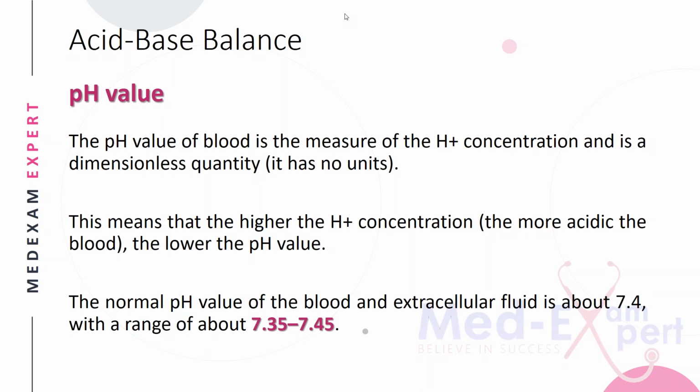So this is very basic knowledge about the pH value, and that's what is relevant for us to know: the pH is a reflection of the hydrogen concentration, and the normal value of the pH is 7.35 to 7.45. Below this range, that means that the blood is acidic. Above this range means that the blood is alkalotic. So this is our first concept, which is the pH value.